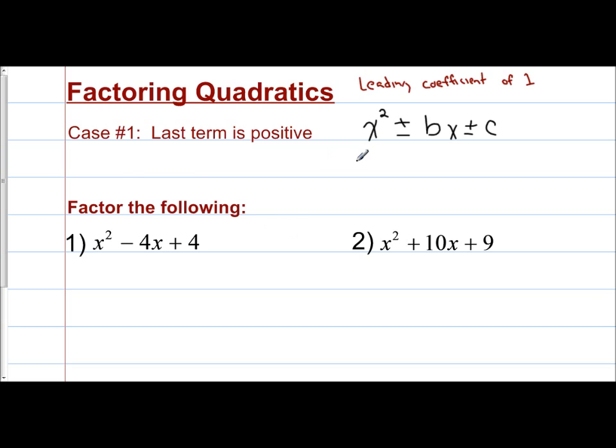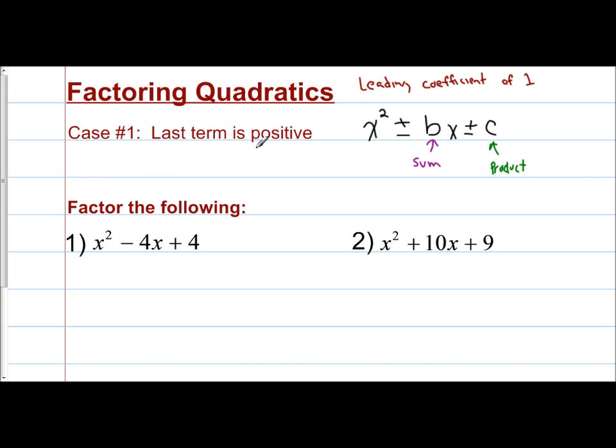Now when you're factoring quadratics with a leading coefficient of 1, what happens is the last term is going to represent the product of the two factors, and the middle term, your b value, is going to represent the sum of the two factors. And so if we're taking a look at the last term being positive, that means your product is going to be positive.